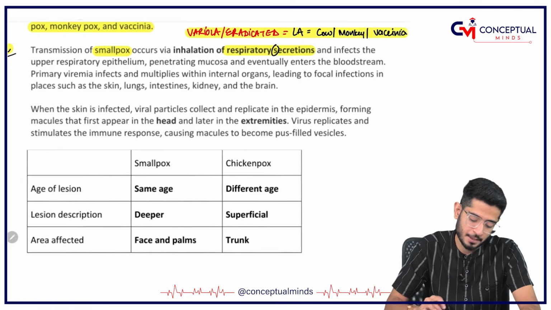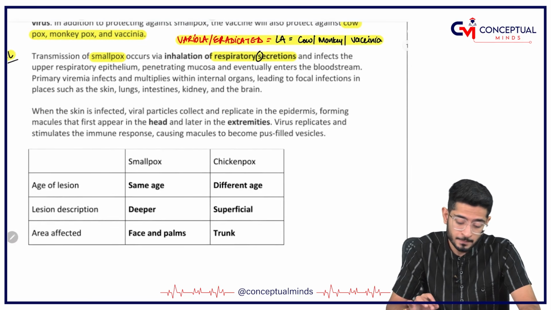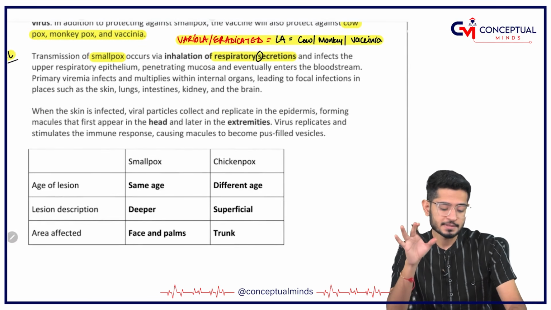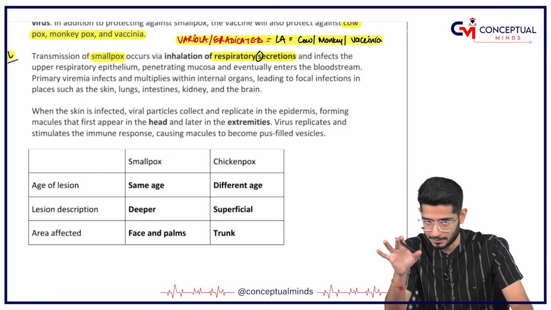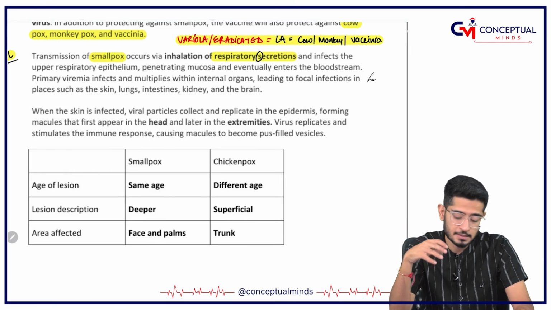So what actually happens, it's just for your understanding and nothing to learn out of it. Smallpox infects the upper respiratory epithelium. Upper respiratory epithelium means, for example, your nostrils, the nasopharynx, okay.